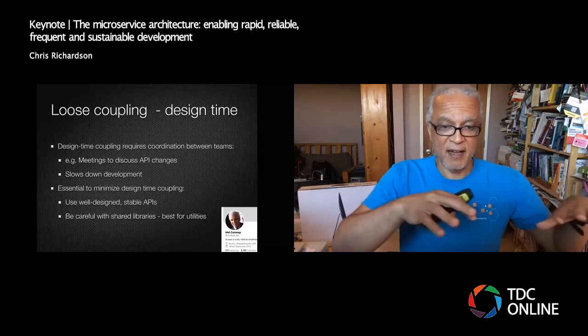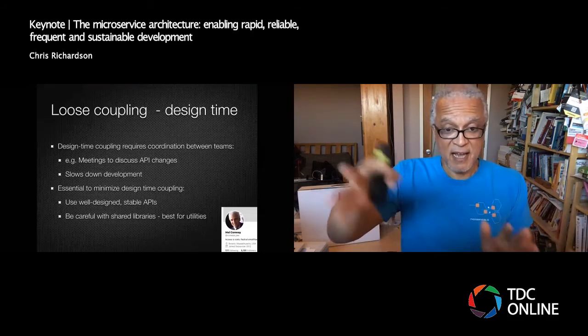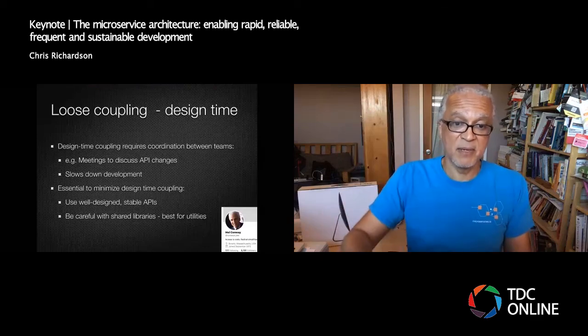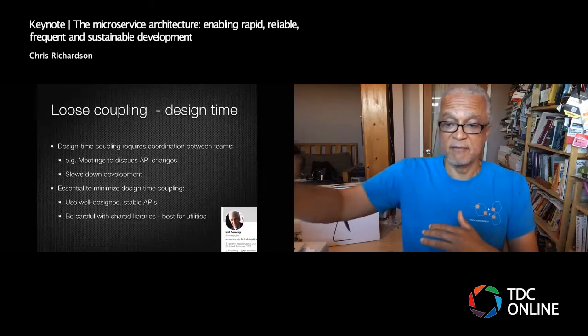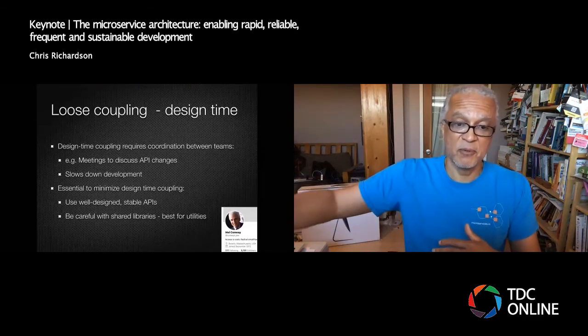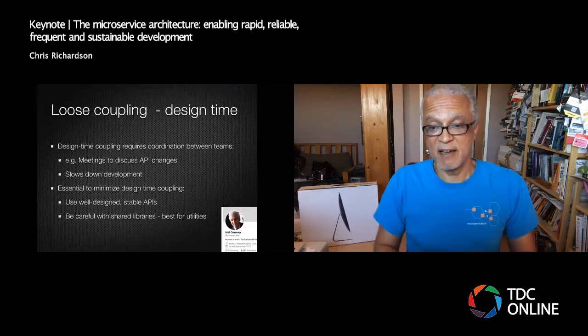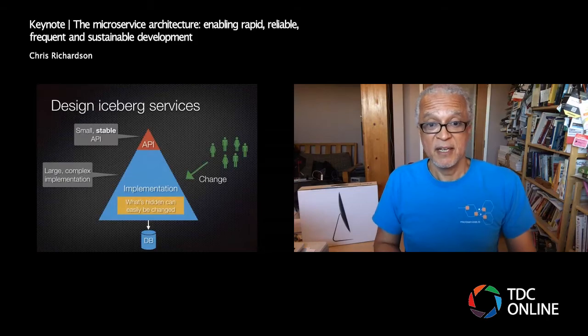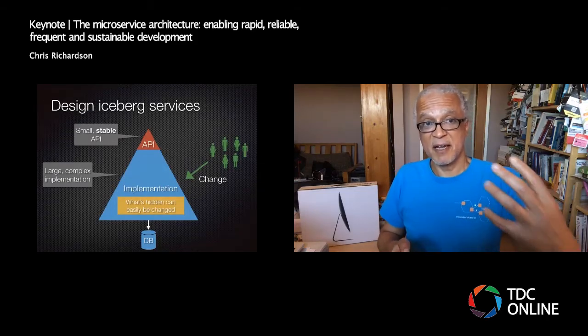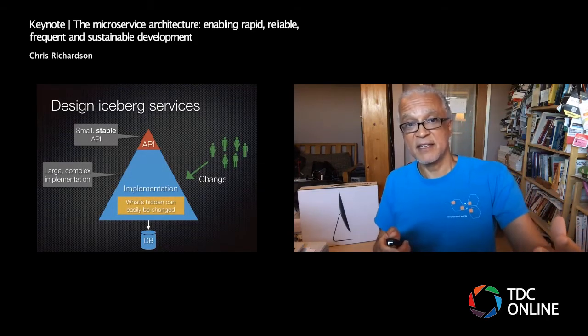And your services want to have well-designed, stable APIs that basically evolve in backwards compatible ways. And you also have to be careful with shared libraries as well, which I'll talk a little bit about. So you want to have services that I say should look like icebergs.